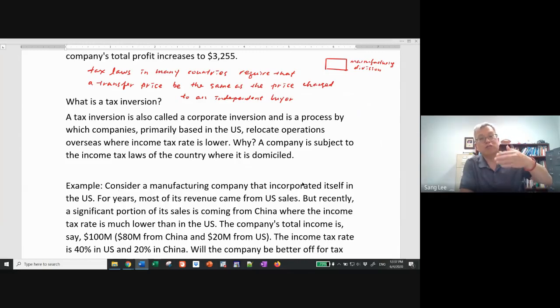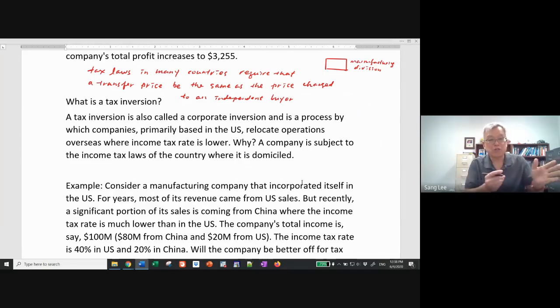And the manufacturing division may sell those 300 surplus pianos to other independent distributors. So if the manufacturing division charges $4,000 per piano when it sells a piano to an independent distributor, then the tax law requires that the manufacturing division charge exactly the same price to its own distribution division.